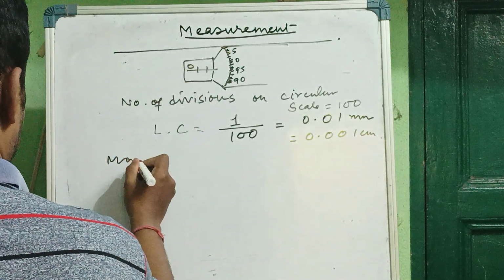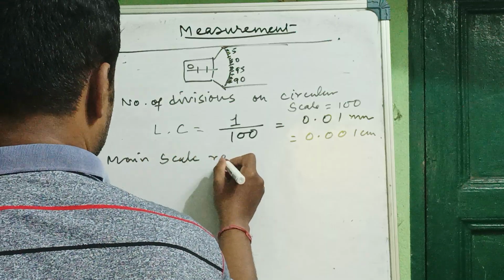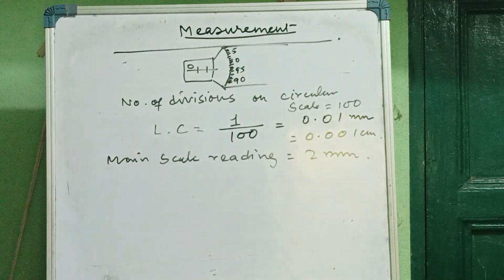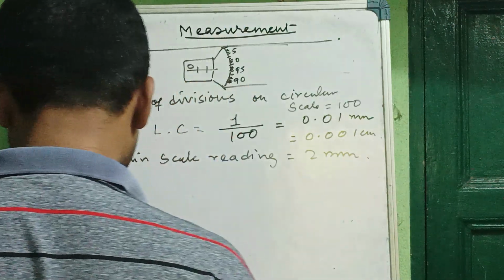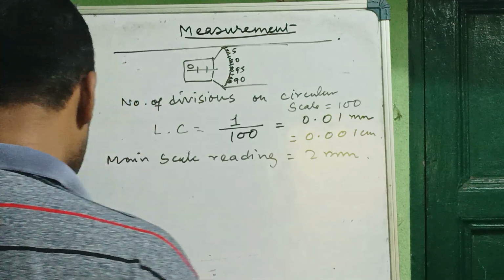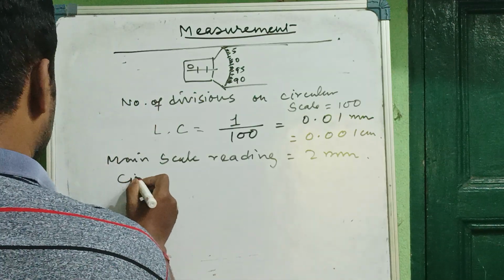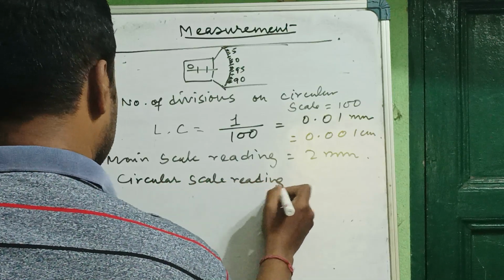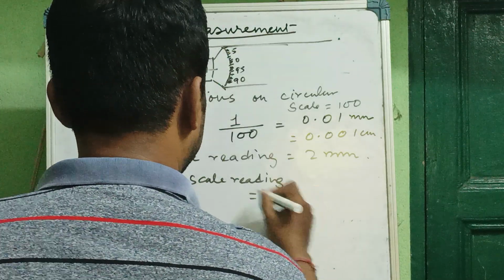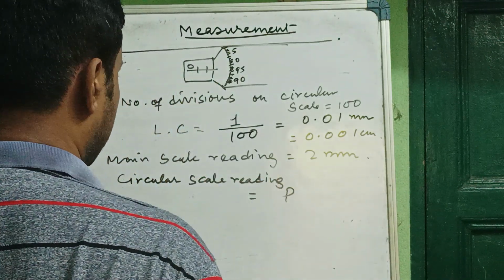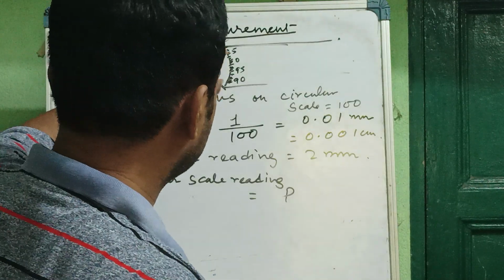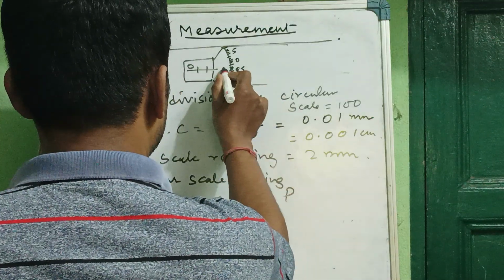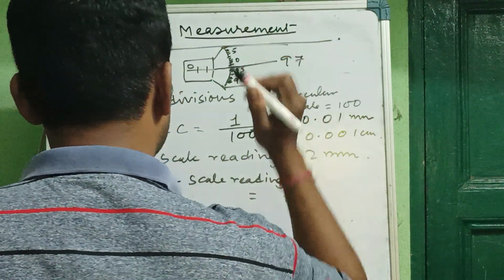Here the main scale reading is 2 millimeter. Circular scale reading is P. What is P? P stands for the number of the division that coincides with the main scale. Here the number of the division that coincides with the main scale is 97.